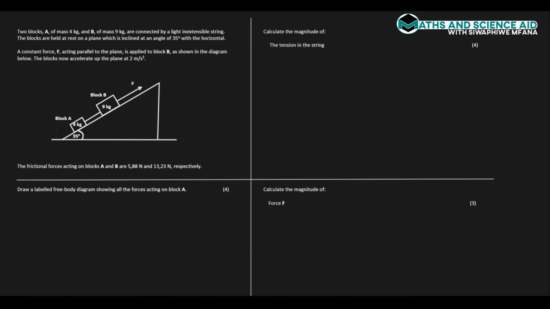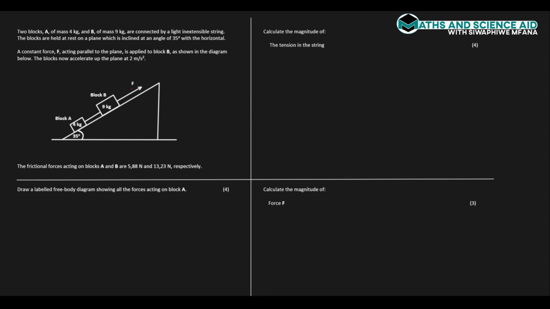So here we have block A with a mass of 4 kilograms and block B with a mass of 9 kilograms. And these blocks are connected by a light inextensible string, and the blocks are held at rest on a plane which is inclined at an angle of 35 degrees with the horizontal.